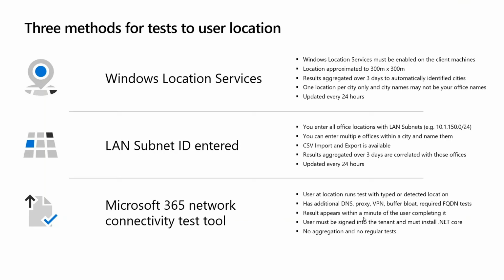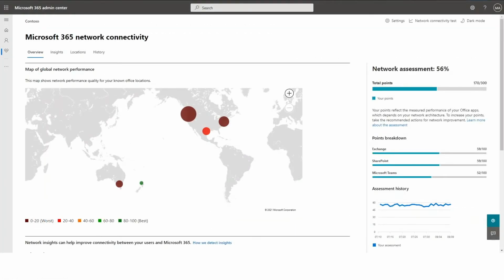All right, so moving right along, here is what network connectivity in the admin center looks like. And this can be found under the health menu, selecting network connectivity. And here I have a little bit of demo data showing you what it looks like when you first go in. This is a sample customer called Contoso. And this customer has a handful of Office locations, and they've been identified by Windows Location Services.